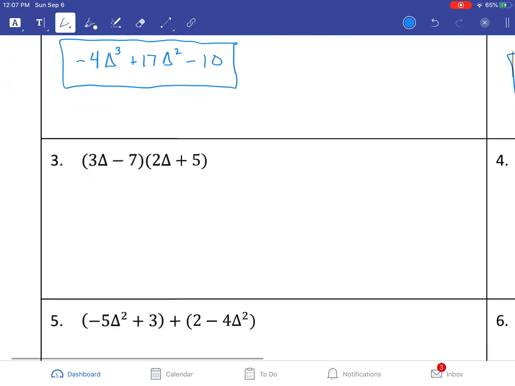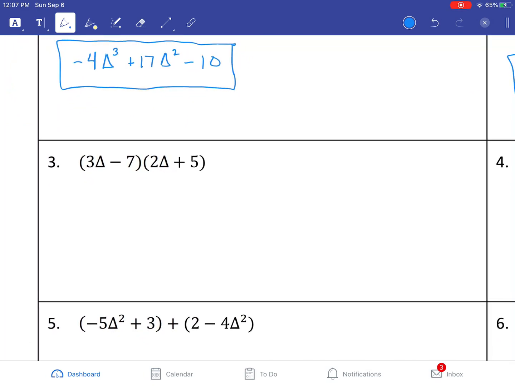Number 3. All right, you're just distributing the first term with the other two terms in the second set of parentheses, and then the second term with the same thing. So 3 triangle times 2 triangle is 6 triangle squared. 3 triangle times 5 is going to be 15 triangle. -7 times 2 triangle is -14 triangle.